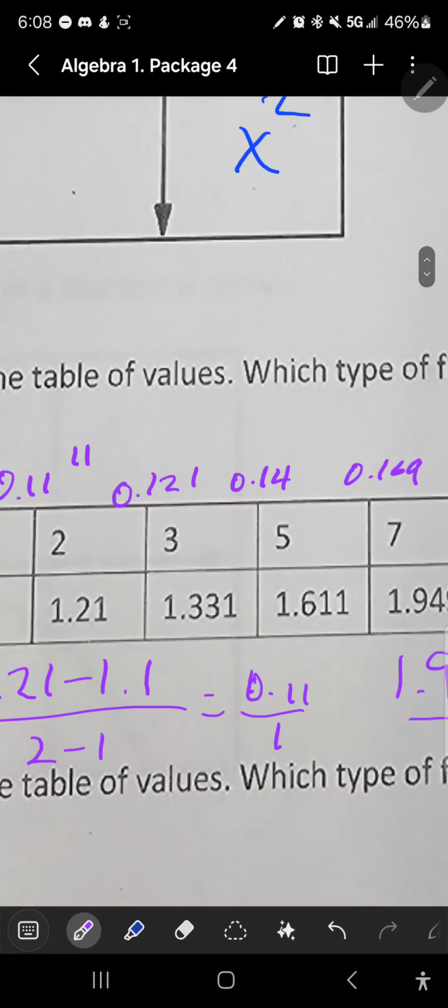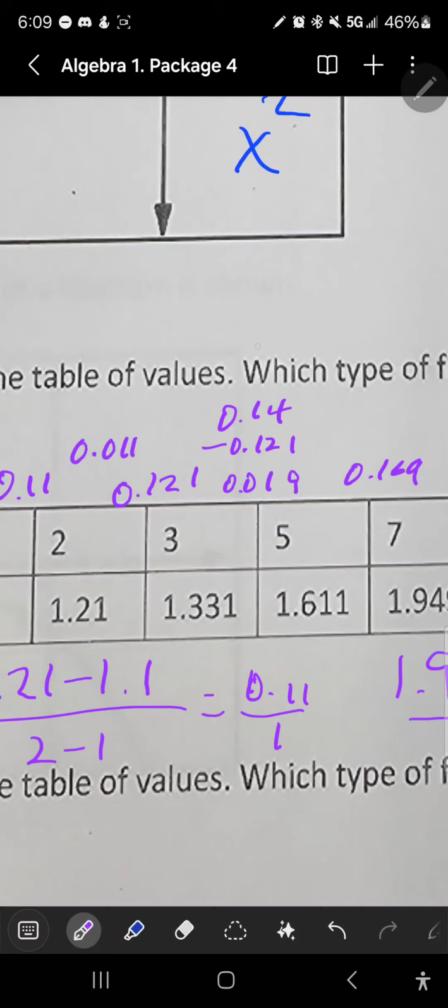Now the difference between this and this one is 0.11. The difference between this one and this one, like it should be one in the middle, so it should be twice 0.11, so 0.22. But if we do 0.14 minus 0.21, this is 0.09. And the difference in this case, wait, this is 0.011.